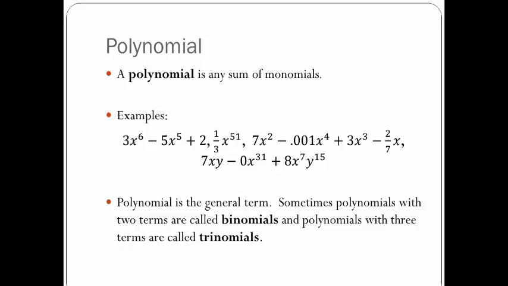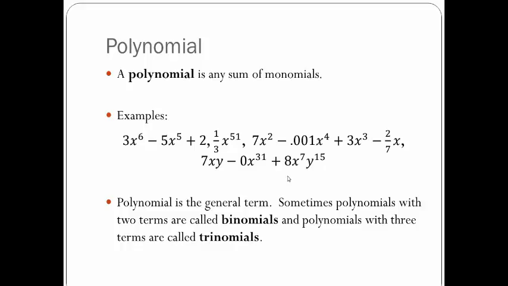But any sum, so here you have 3 monomials added together, that's a polynomial. One term, you see these things are separated by commas, that would be a monomial. This is 4 terms. They're all polynomials. Monomial is just a special class.